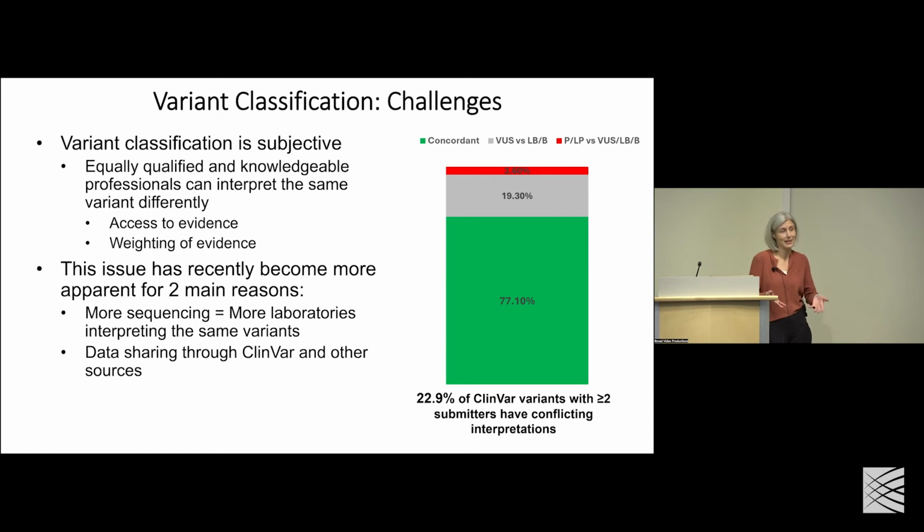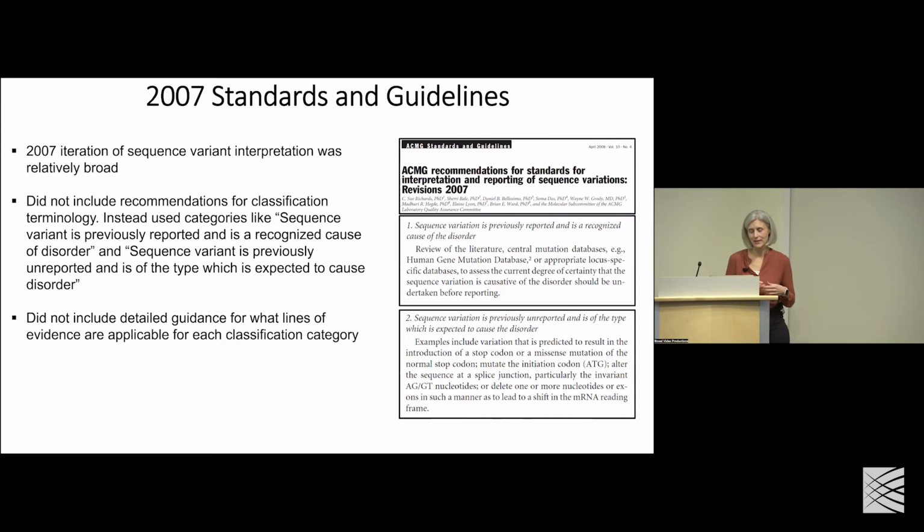That has highlighted the fact that there are conflicts and that we can now see them. If you look across ClinVar, about 23% of all the variants in ClinVar with multiple submitters have conflicting interpretations. So clearly there's some standardization work to be done here.